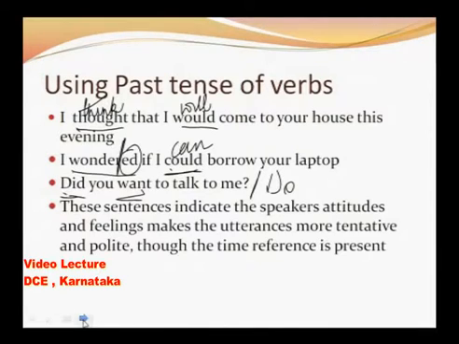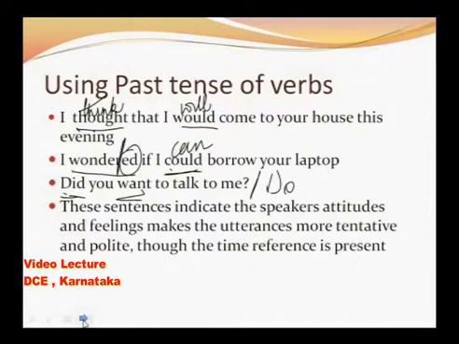But if I put it in the present tense form, what is the present tense form? I think that I will come to your house this evening is more demanding. The past tense is very polite. The past tense is very tactful, intelligent.